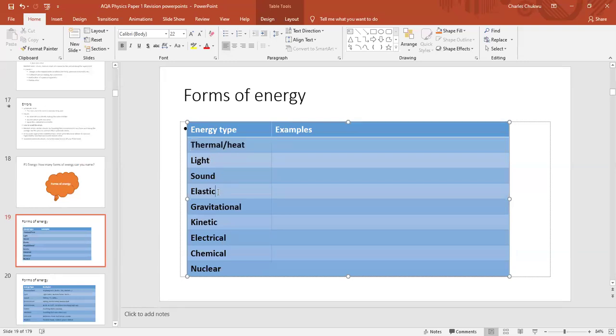Sound, elastic. This is what you find in springs. So of course you can see their application in areas like shock absorbers of cars. Gravitational, I think you mentioned kinetic, electrical, chemical, and nuclear energy.